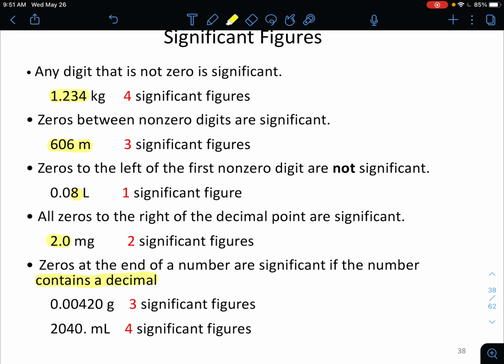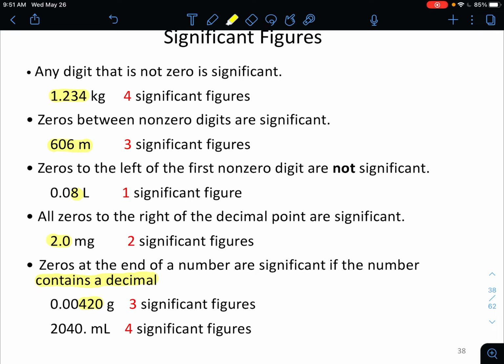So the first example is following the same rule. So 4 to 0, all of those would count. The previous rule, they count as significant to the right as long as there's something that precedes it. So in 0.00420, only the 420 counts. The other three are placeholders.